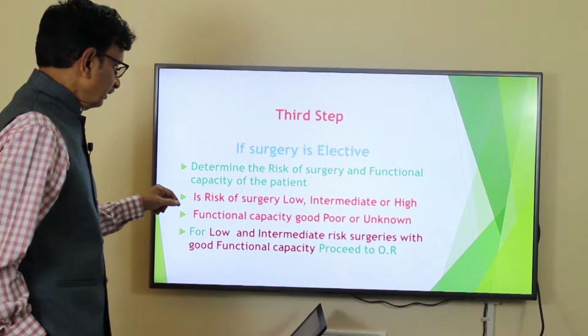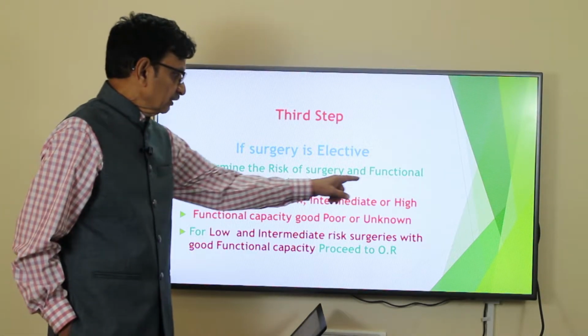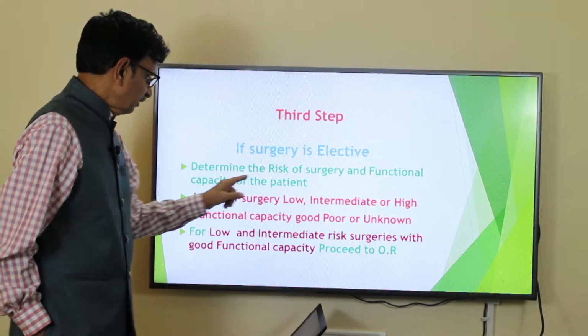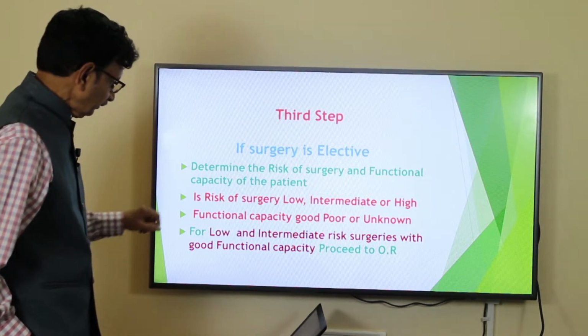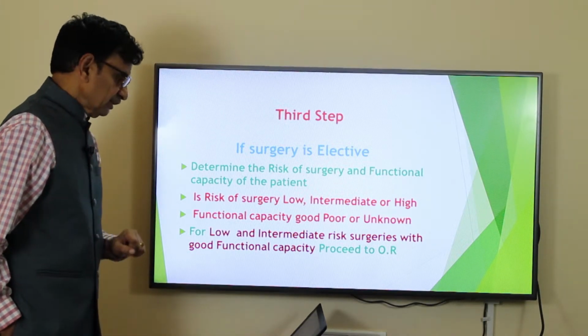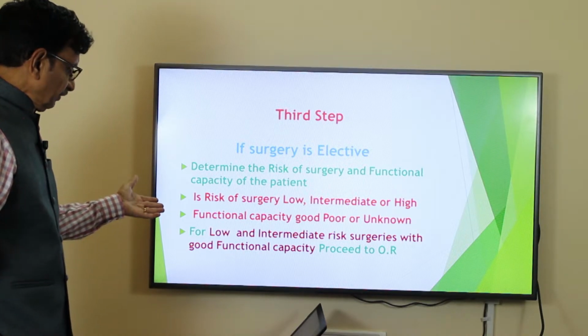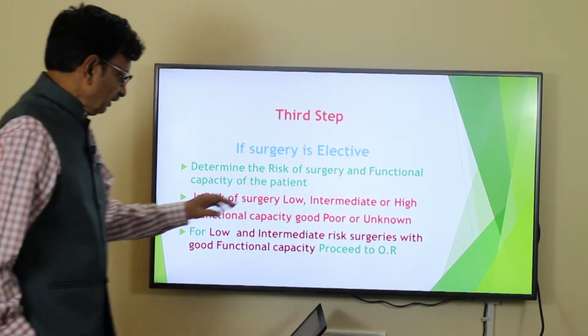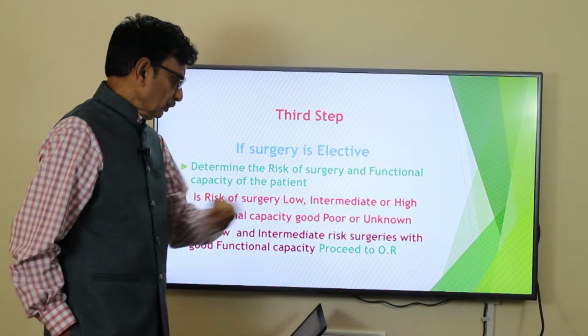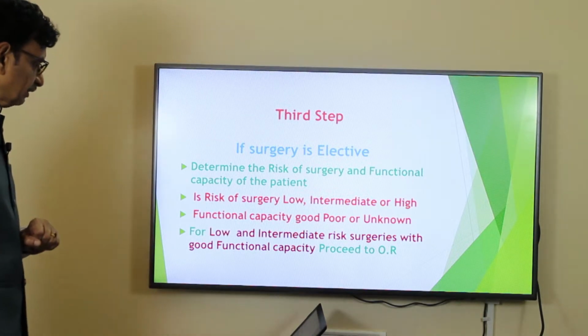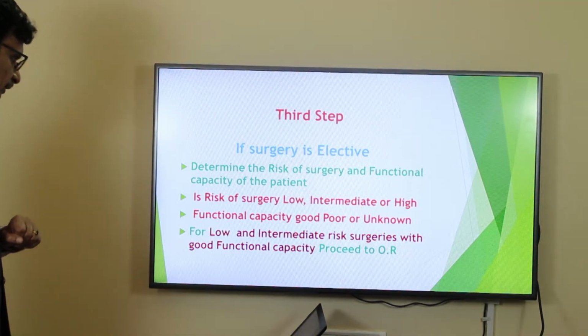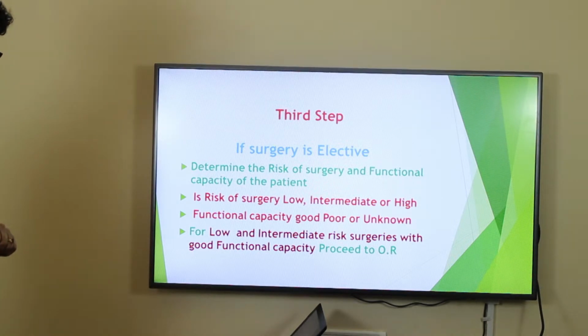Having determined that, now you also have to determine the functional capacity of the patient. Functional capacity can be evaluated and categorized as good, poor, or unknown. Functional capacity is a very useful thing to know from your patient.